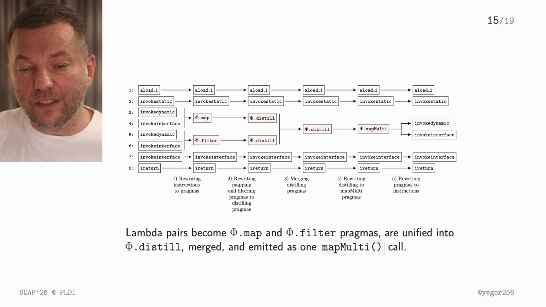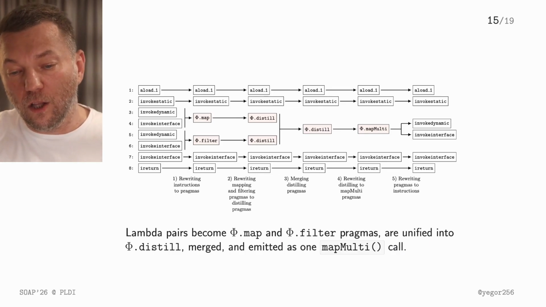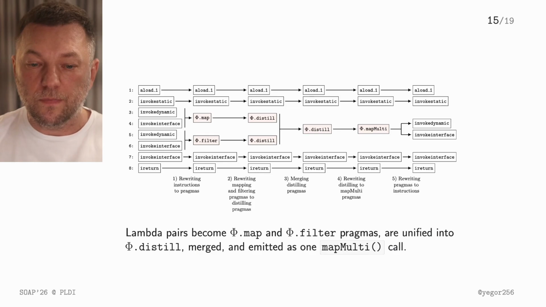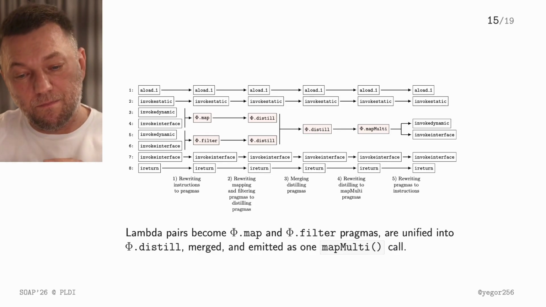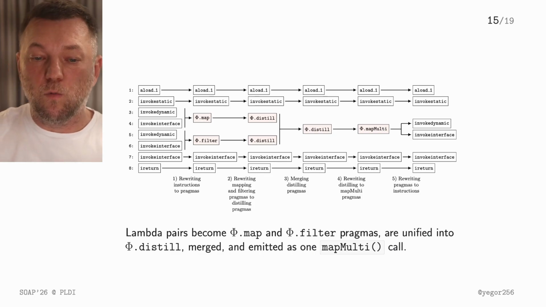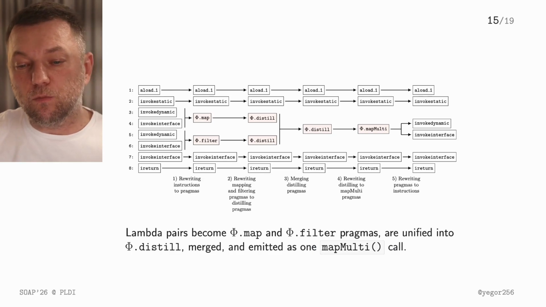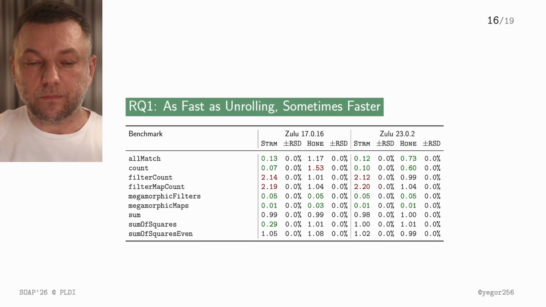We concatenate it here, and then we lower it to mapMulti, and then we lower it to, again, a pair of opcodes. That's the entire pipeline in a primitive representation. What we get after that, we start from 4 opcodes and we finish with 2 opcodes. That's the fusion process of 2 adjacent map and filter operations of a stream pipeline.